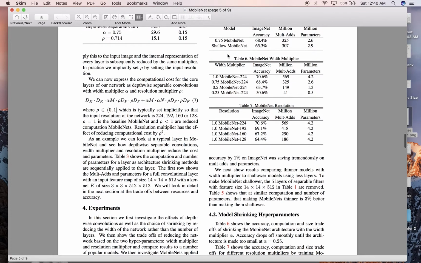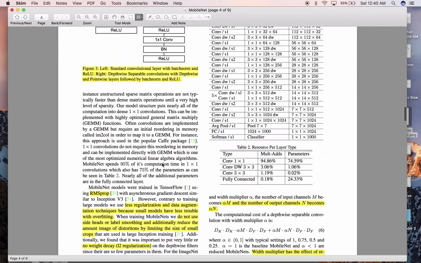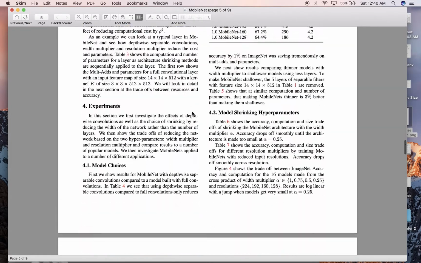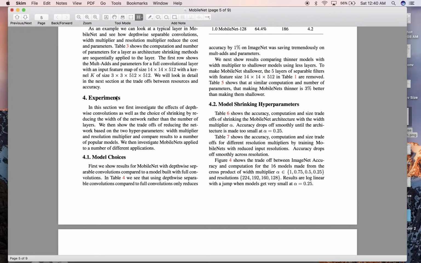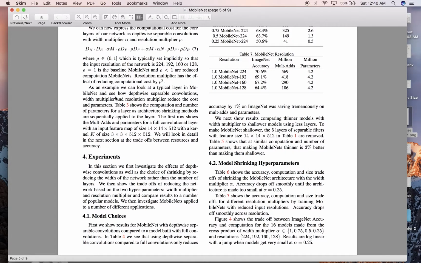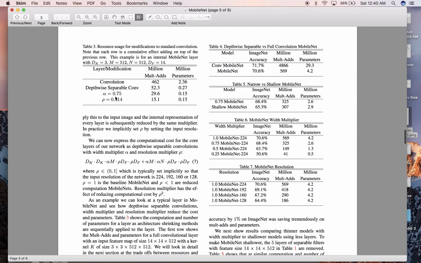So this is basically all the adjustments that he makes up to this point, and then it's just showing the results of the model, changing the hyperparameters. So over here you can see that with a regular convolution network, it has 29.3 million parameters, and it achieved the accuracy of 71.7% on ImageNet, while MobileNet has just 4.2 million parameters, and the accuracy just decreased by 1%.